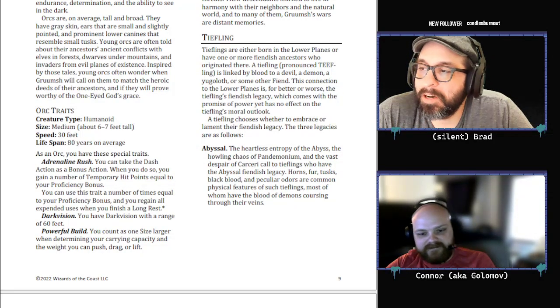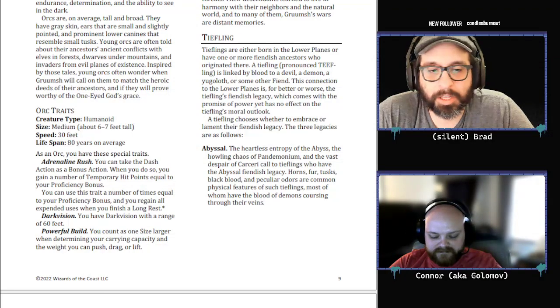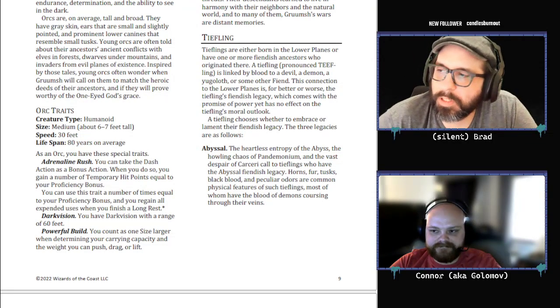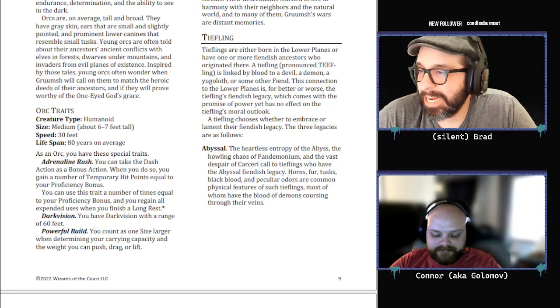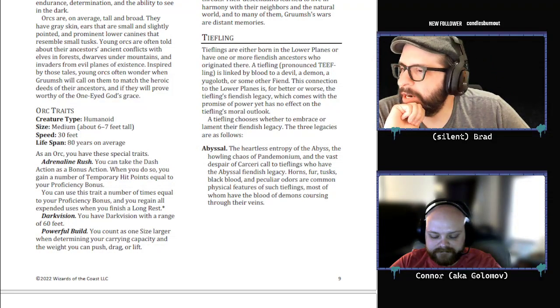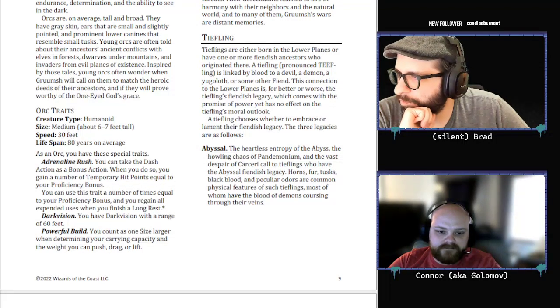But moving on, they're humanoid again, medium, going back to the humans, 6 to 7 feet tall, 30-foot speed, 80 years on average. Now, they get Adrenaline Rush, which used to be a single paragraph. Now it's 2.